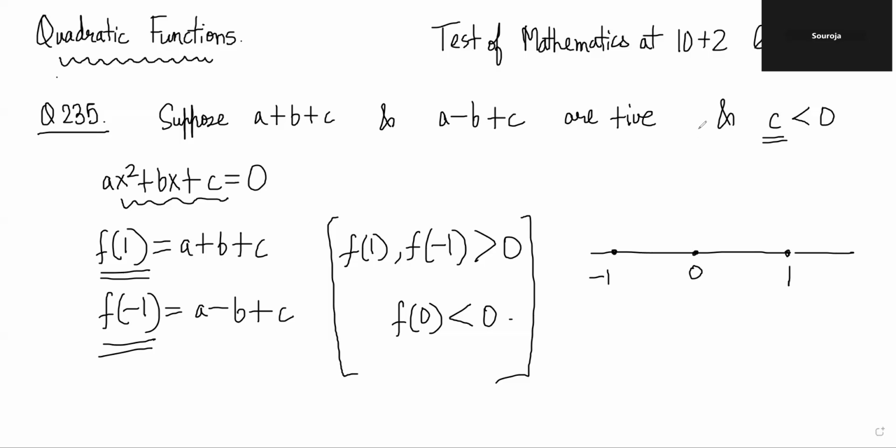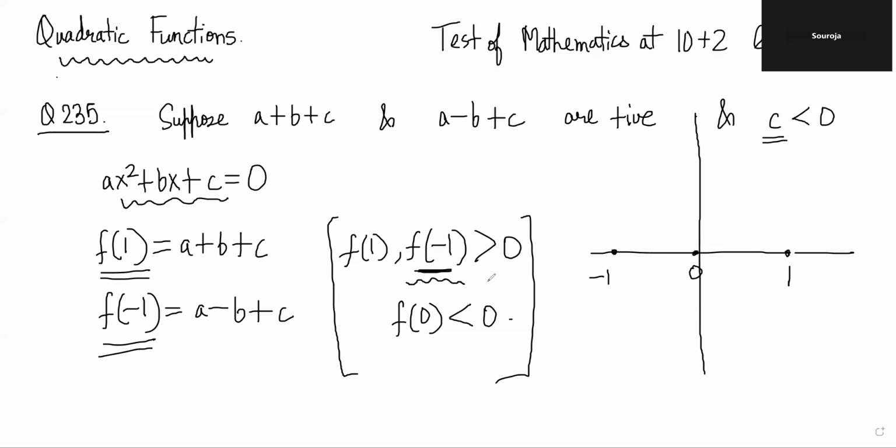Where will I put it if the y-axis is like this and this is the x-axis? Where should I mark f of -1? Will it be positive or negative? Negative. F of -1 is negative.